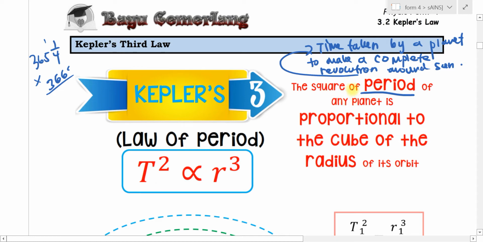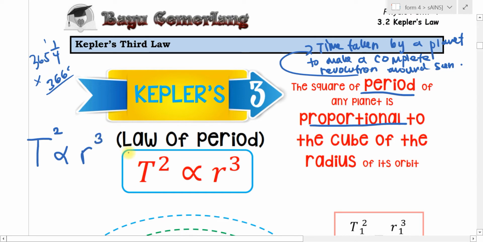Now, simple, Kepler's third law. The square of the period of any planet, that means period, big T, squared, is proportional, this is the symbol, to the cube of the radius of its orbit. Radius of orbit R, and cube it.